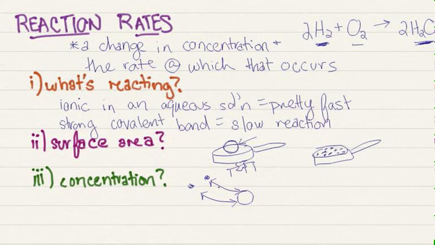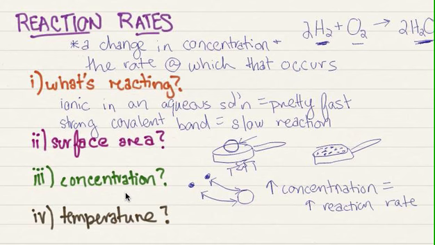Obviously, the more of it that you have in a solution, the more likely it is that they're going to bump into each other and get that reaction to occur. So it shouldn't be too much of a stretch to think about concentration as being directly proportional to the rate of the reaction. So in other words, the reaction will happen faster if you have your reactants in greater concentration, because it's just more likely that they're going to run into each other along the way.